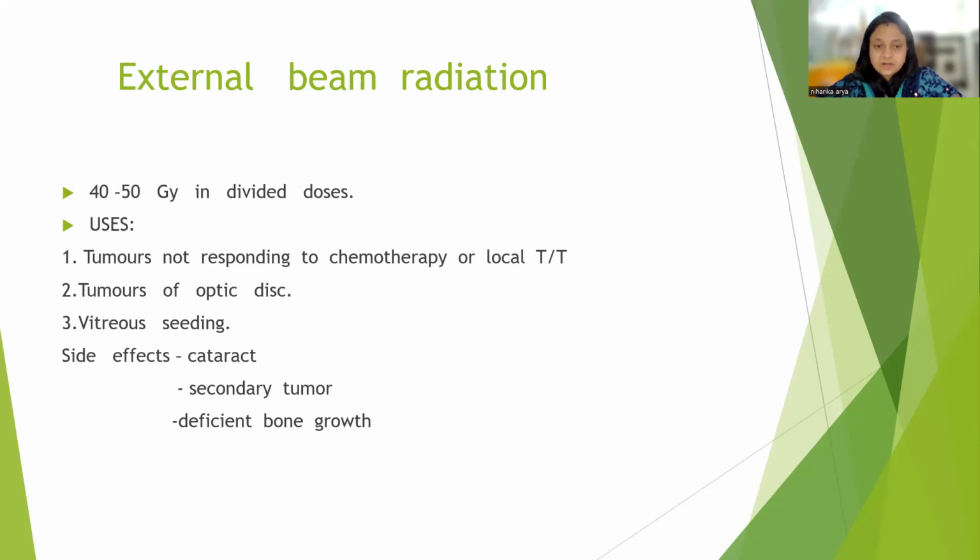Uses: tumors not responding to the chemotherapy or the local treatment, tumors of the optic disc, and vitreous seeding. The side effects are cataract, secondary tumors, or deficient bone growth.